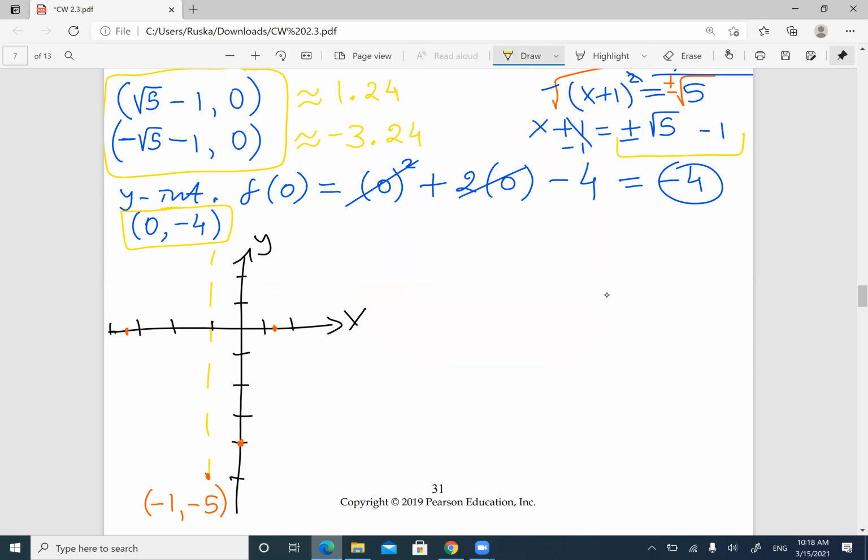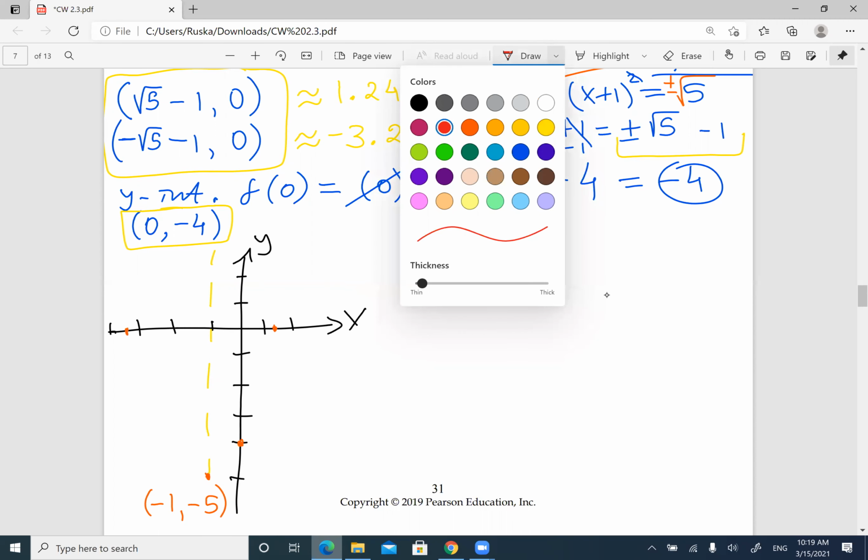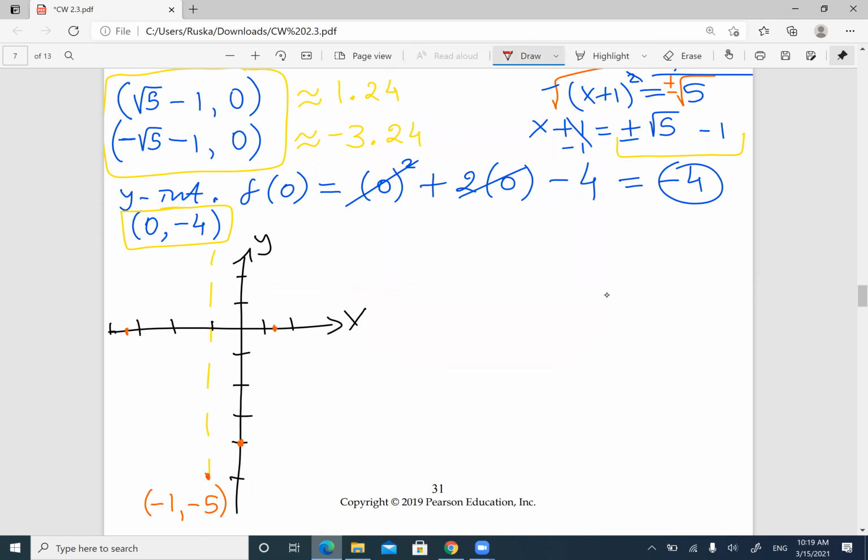It's going to go from the vertex, crossing at the y-intercept and then crossing the x-intercept and going all the way up. And the left side is going to be something like that, symmetrical. My scale is not quite right, that's why it's a little crooked. But that's how the graph looks. So this is -4.